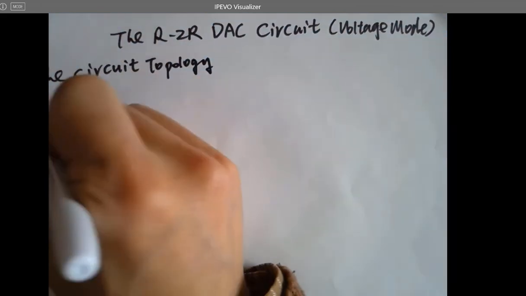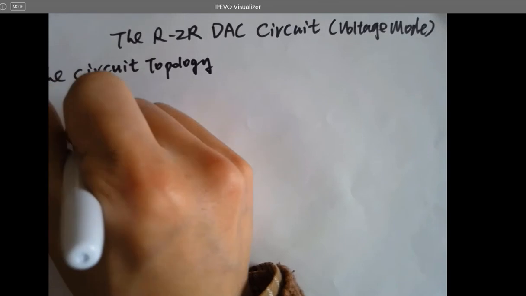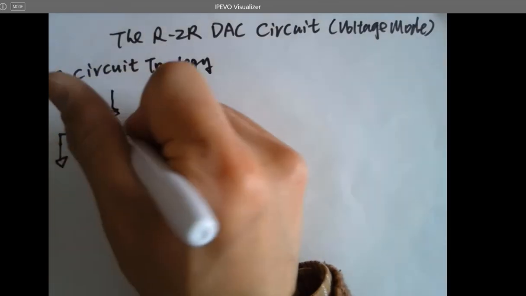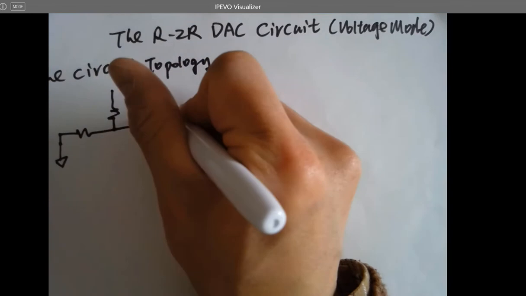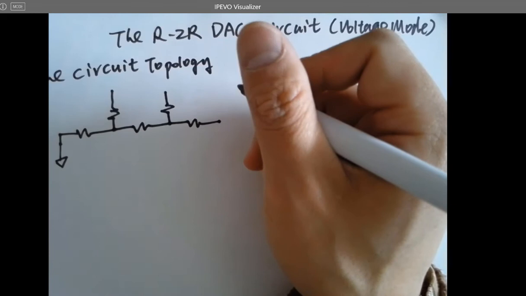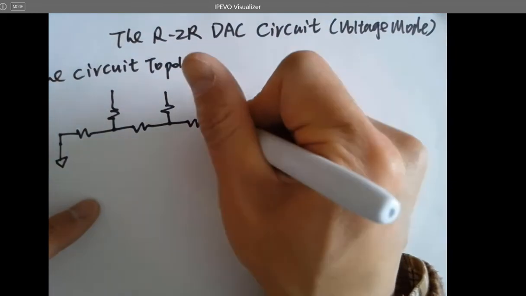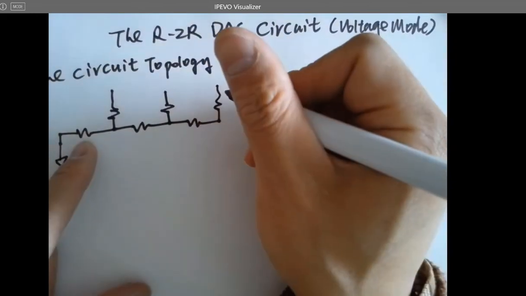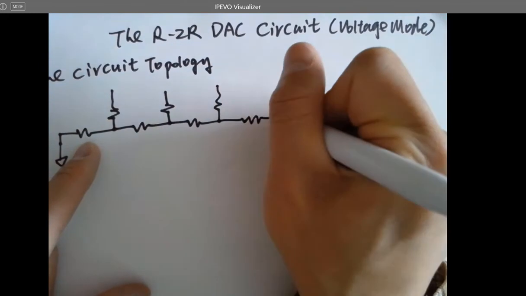So I have around here 2R. 1, 2, 3. Another one.